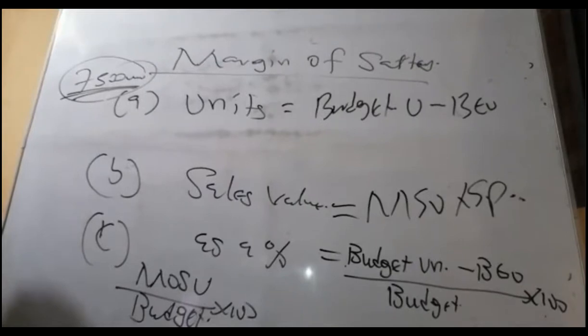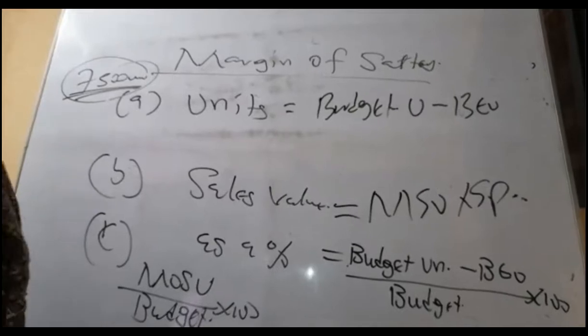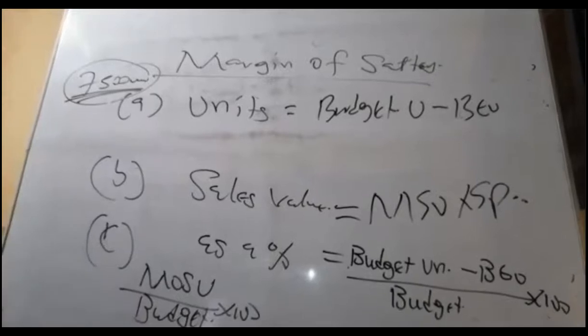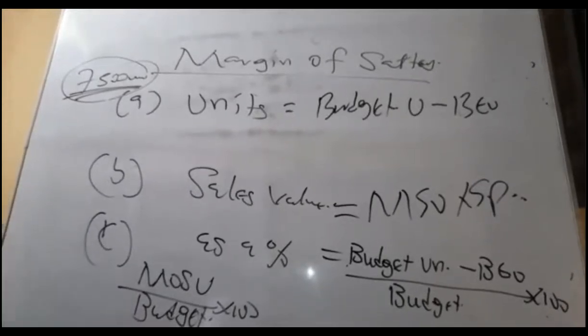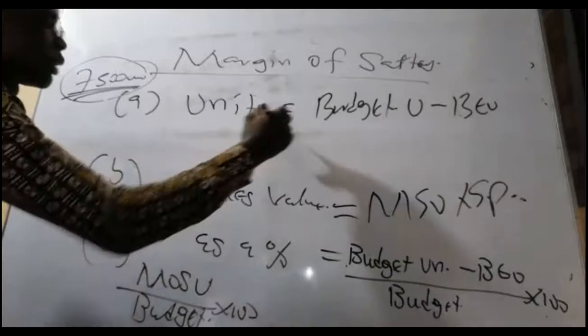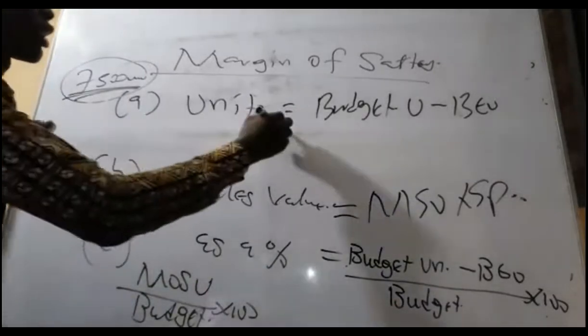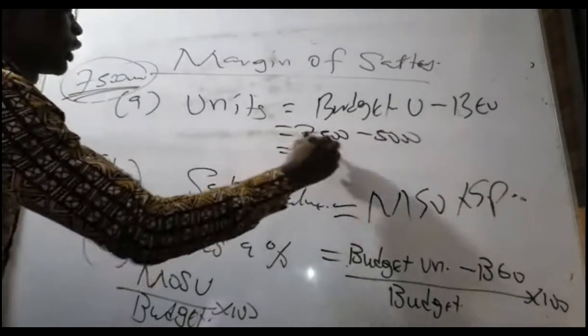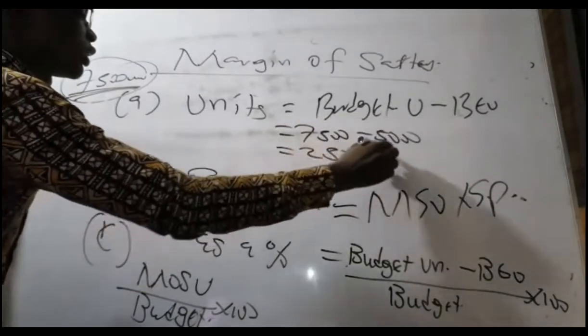Yes, so our question remains the same. Selling price 25, variable cost 20, fixed cost 25,000. Everything remains the same. If I follow this formula, the budgeted unit is 7,500 and the break-even is 5,000, giving 2,500 units.